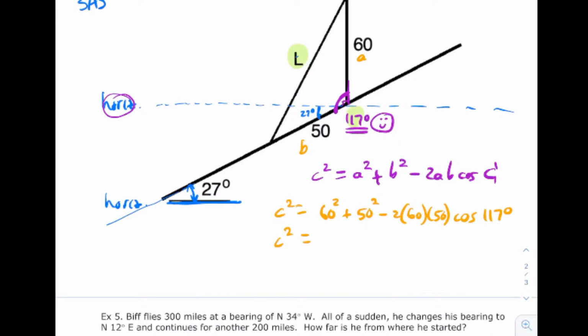60 squared plus 50 squared. Oh, see? I told you this calculator's flaky sometimes. 60 squared plus 50 squared minus 2 times 60 times 50 times cosine 117 equals.